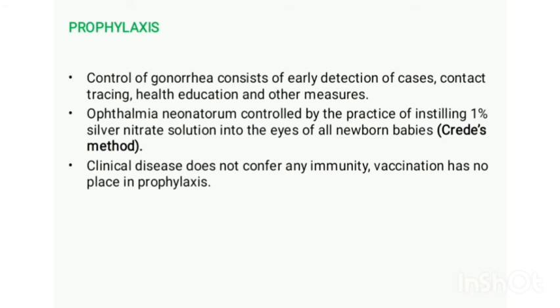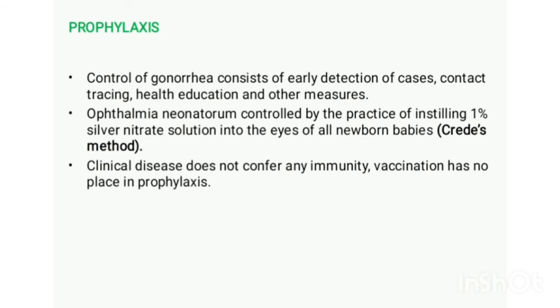And the non-venereal disease known as ophthalmia neonatorum is controlled by a method known as Credé's method. Credé's method is the practice of instilling 1% silver nitrate solution into the eyes of all newborn babies so as to control the non-venereal disease known as ophthalmia neonatorum.